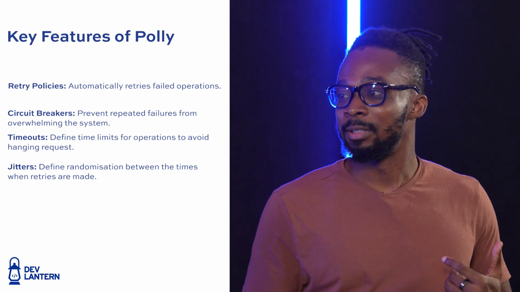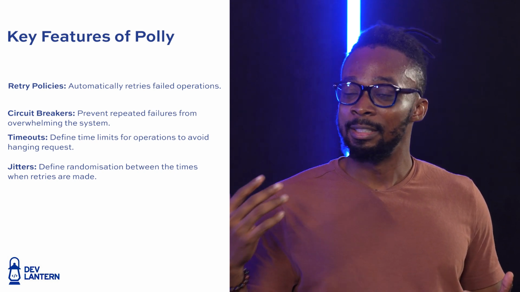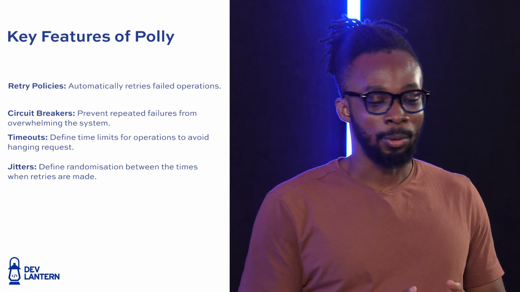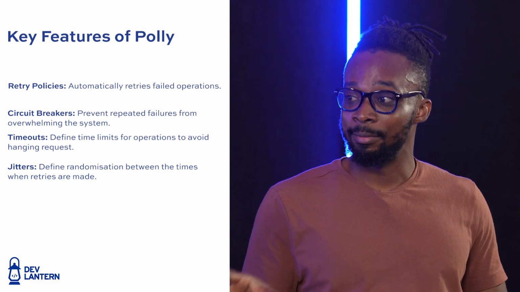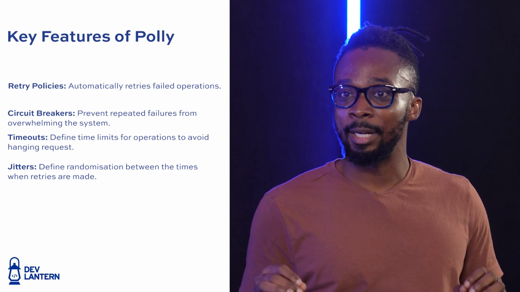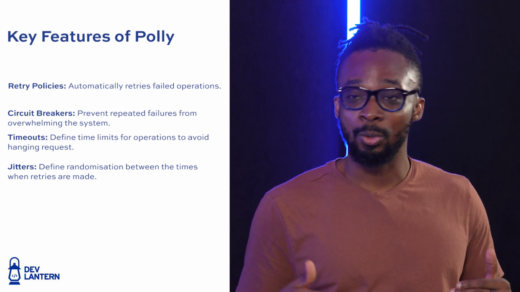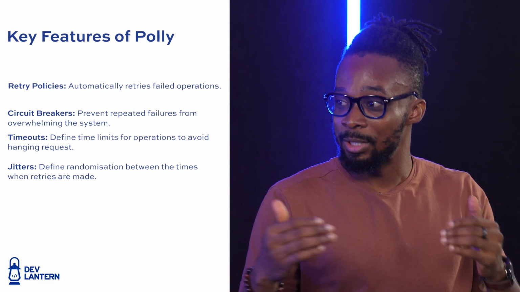You try it 5 seconds later, if it fails, then you can try it like maybe 10 seconds, then 20, in an exponential way, like that. But what jitter does is that due to some disadvantages of that exponential way, where if there are many services trying at that exponential rate, they would also still almost overload the system because each of them are trying almost at the same time.